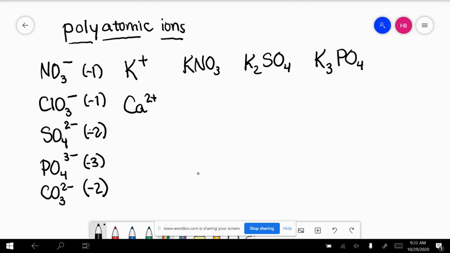If you had a compound cation that had a charge of +2, it would go together with 2 polyatomic ions. When I have more than one polyatomic ion, I have to use parentheses to show that I need more than one polyatomic ion, like such. I only need that if I need more than one polyatomic ion.